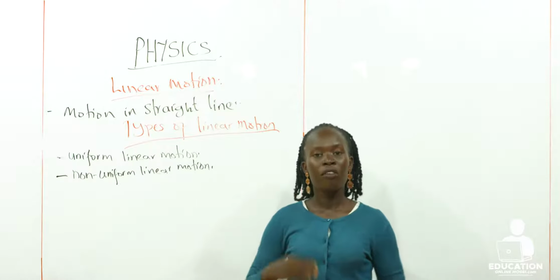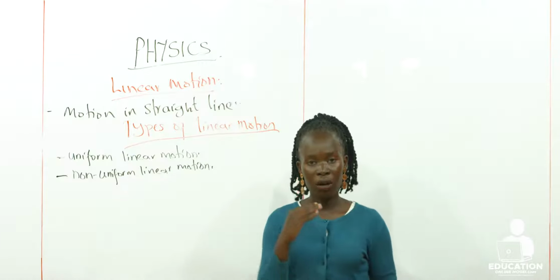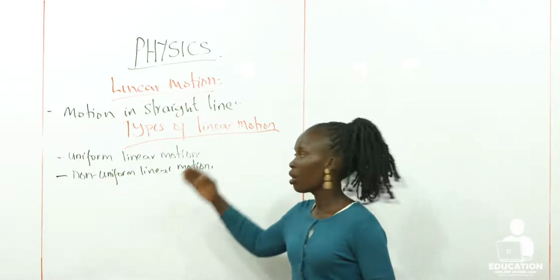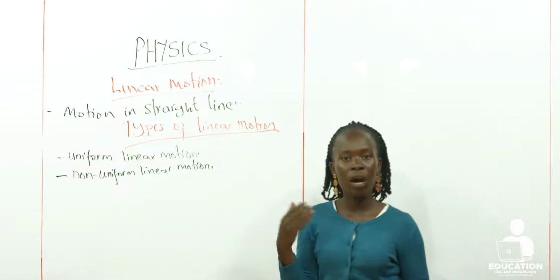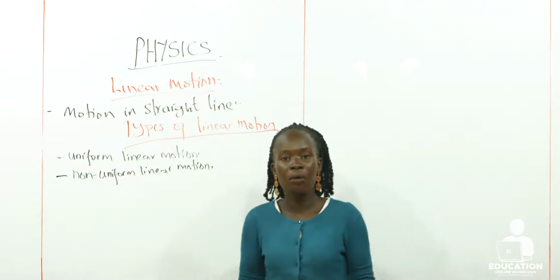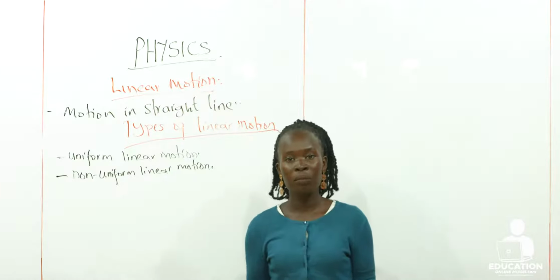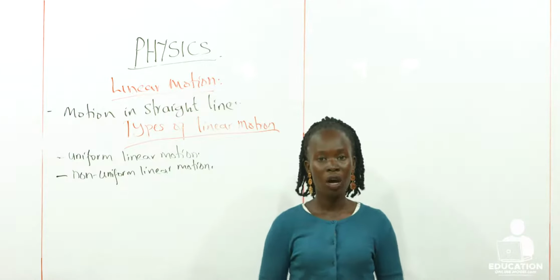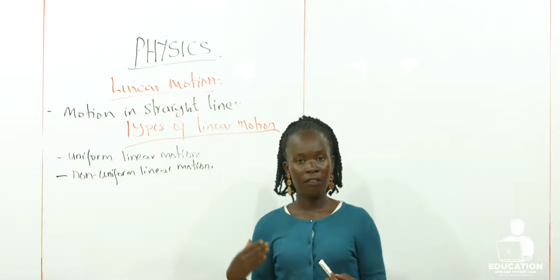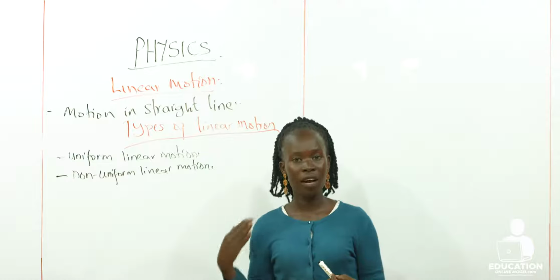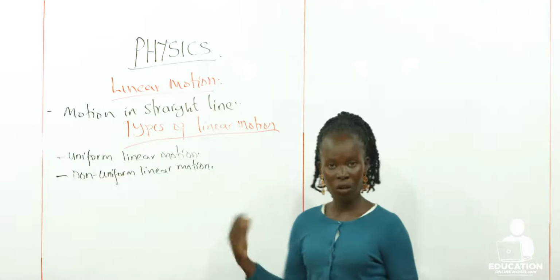For us to continue, we need to know each term used in linear motion by defining them, and then we have to know what units they carry. Those are very important, because you will reach calculations where, after calculating, the value that you get needs to carry a unit. So what unit will it be carrying? We shall all see that.